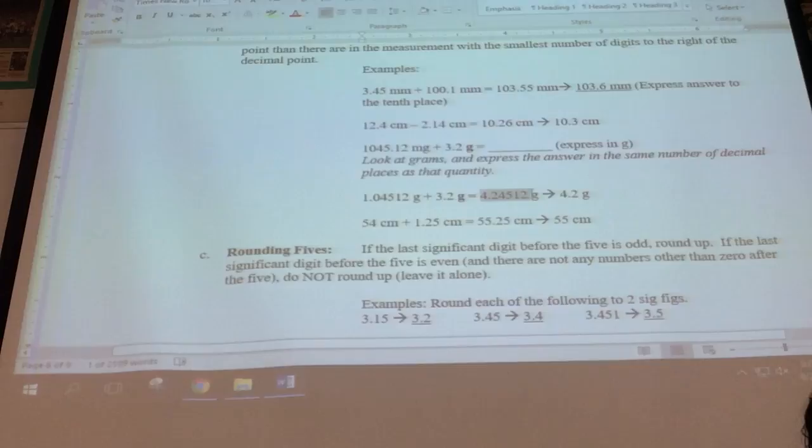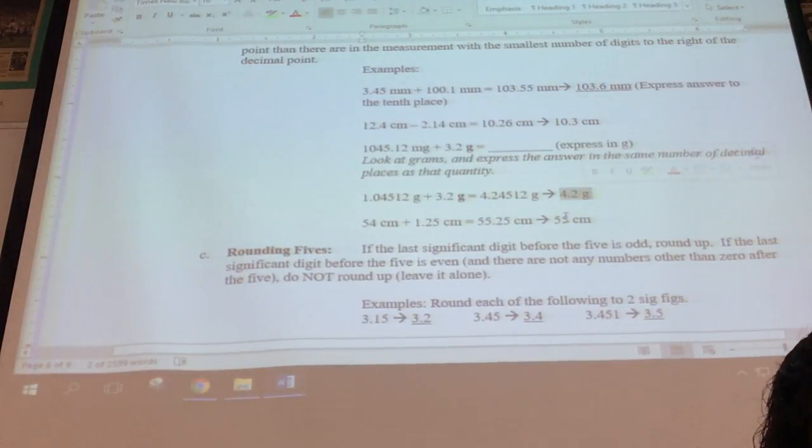My unit is grams, and I go back to the original, which is to the 10th place, and my answer's to the 10th place. So if you have 2 different units, see how I want it expressed. Look at how many decimal places that quantity has and express it accordingly.